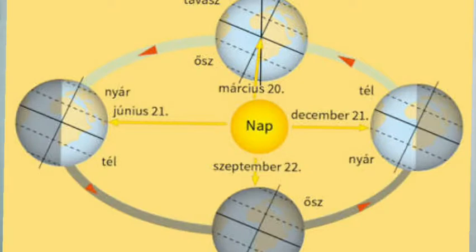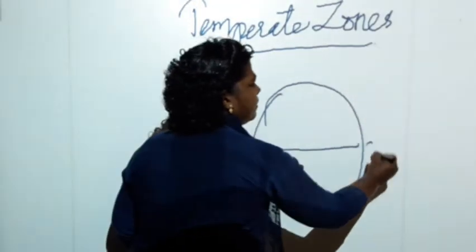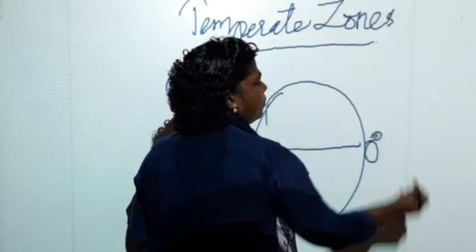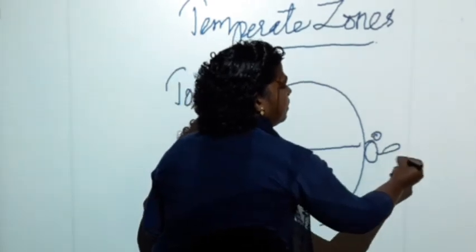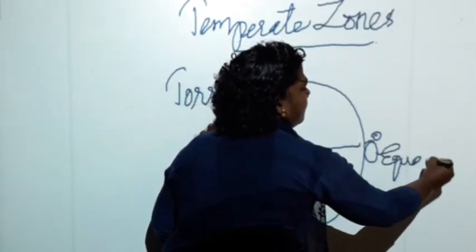The earth is divided into 2 equal orbs, it is 0 degree latitude. We call it as equator.